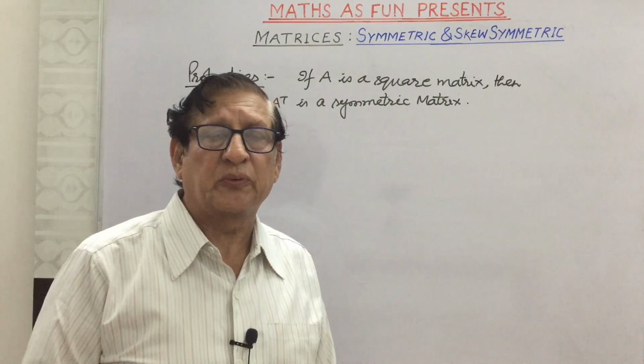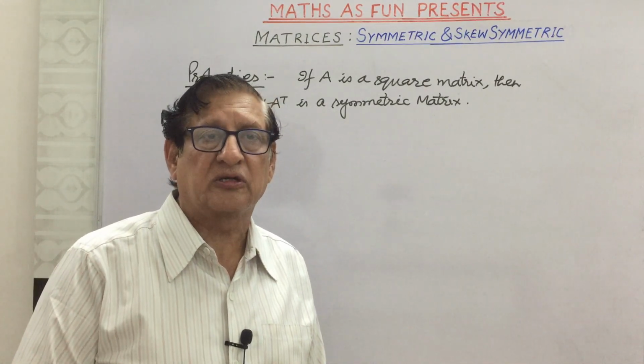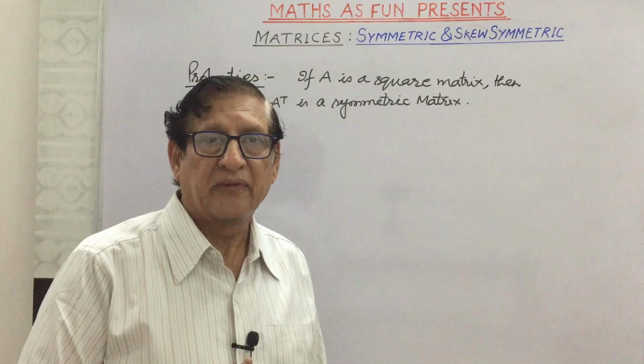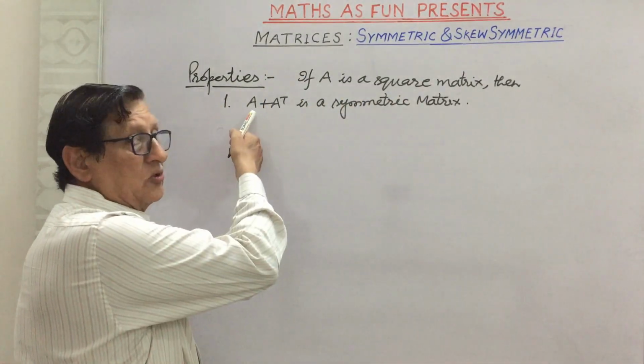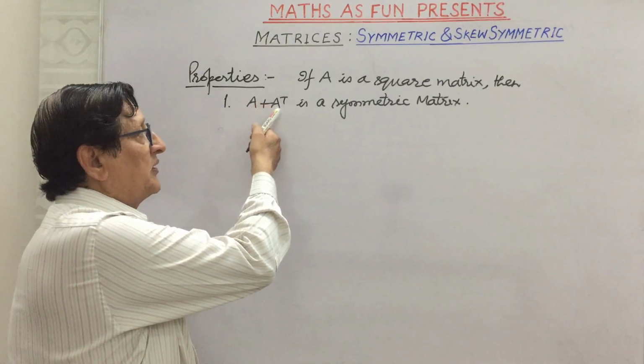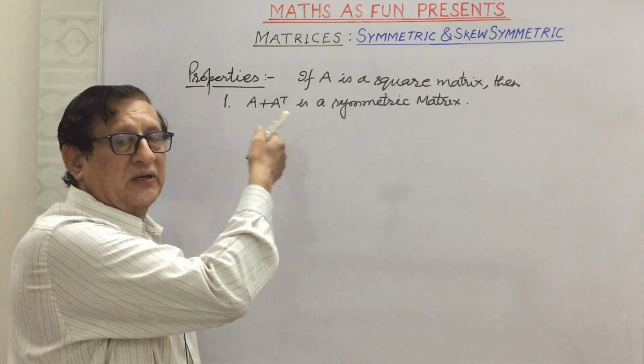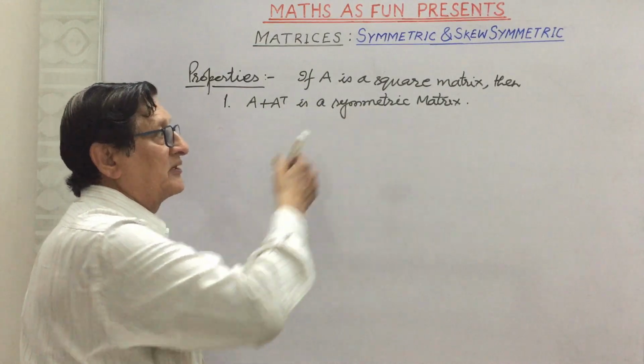Let's learn about some of the properties or theorems based on the symmetric and skew symmetric matrices now. Suppose A is a square matrix, then the first theorem or property is that A plus AT, or we say A plus A dash, is a symmetric matrix.